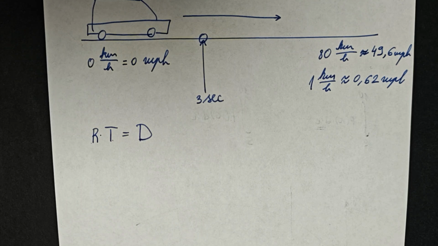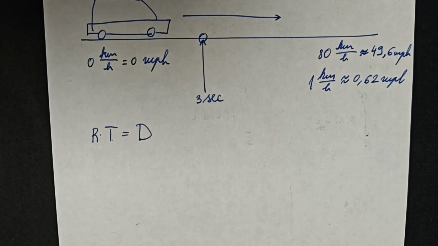This rate in the formula is fixed through the entire time of the experiment, and here the car is continuously increasing its speed. So in each point of this distance, the car is going to have a different speed.